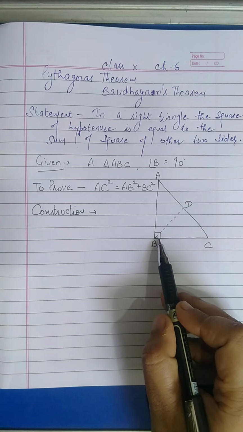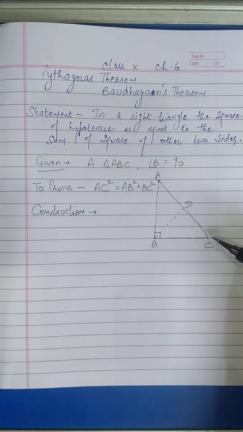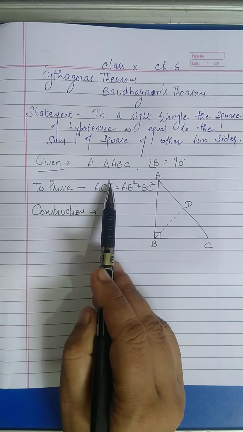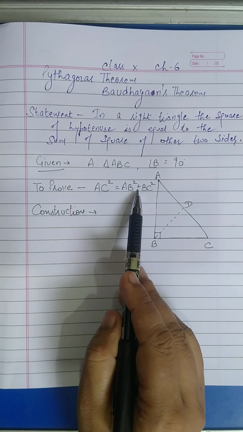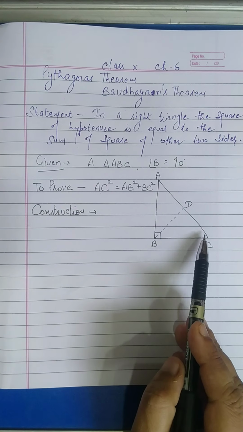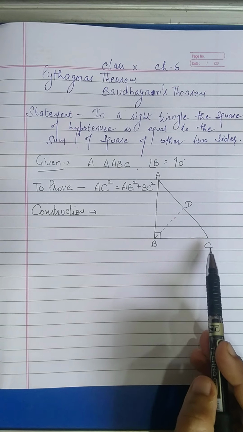If angle B is 90 degree, it means the opposite side AC is known as hypotenuse. What we have to prove? Square of the hypotenuse is equal to sum of square of other two sides. If AC is the hypotenuse, it means AB and BC are other two sides.